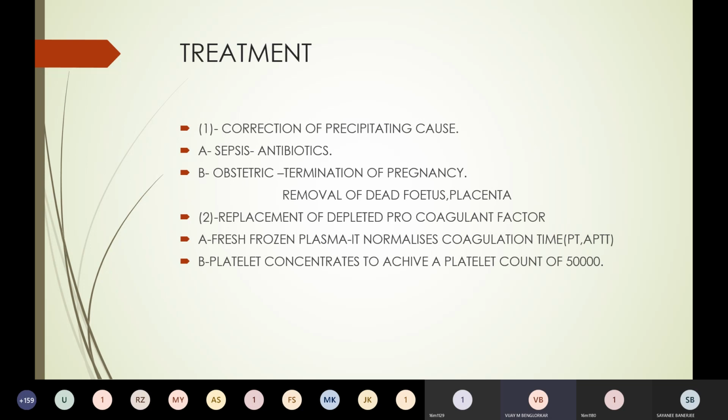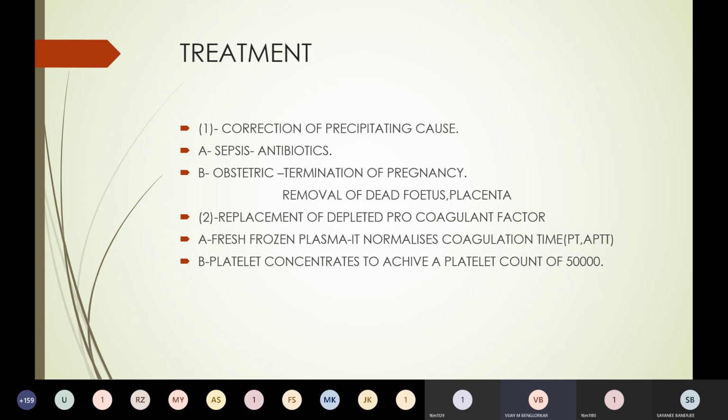Now coming to the last slide. What is the treatment? The first treatment is correction of the precipitating cause. What caused the DIC? For that you should know the etiology, which we have already discussed.